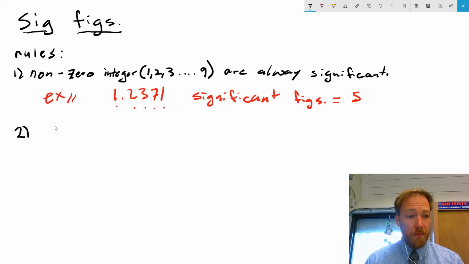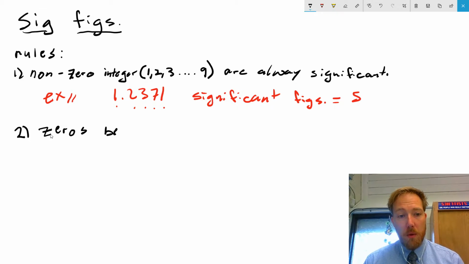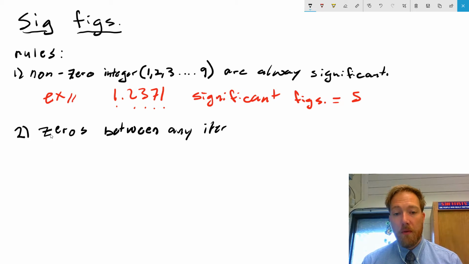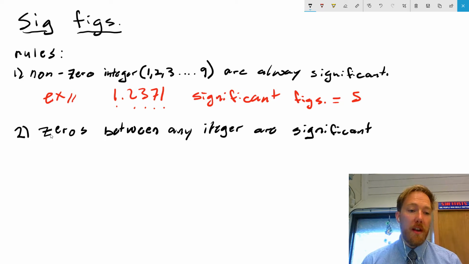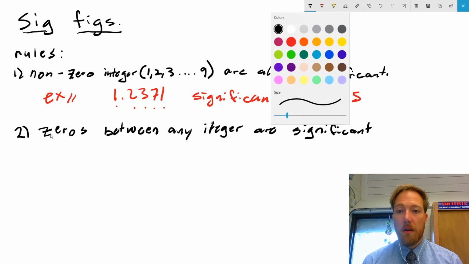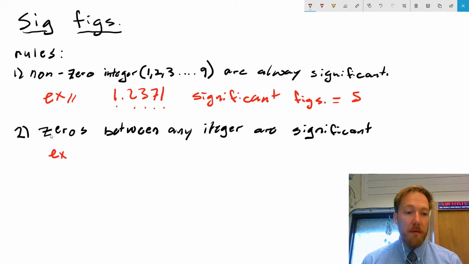Okay, rule number 2: any zeros between any integer are significant. I apologize for my chicken scratch. So an example of this, say I had 1.20301.